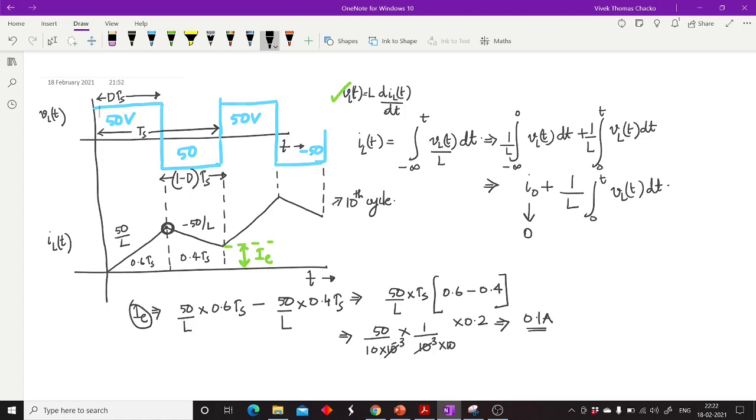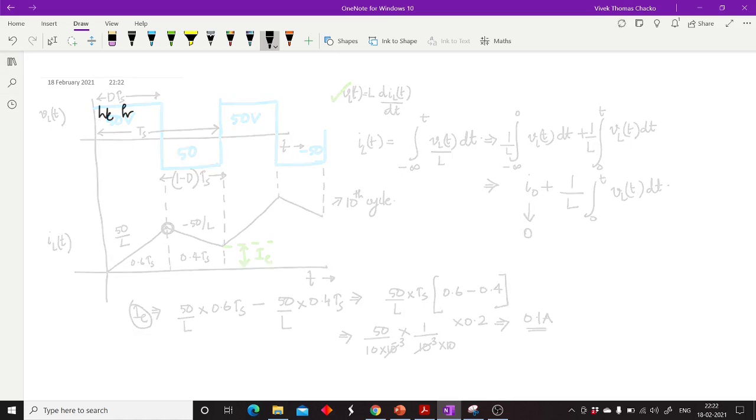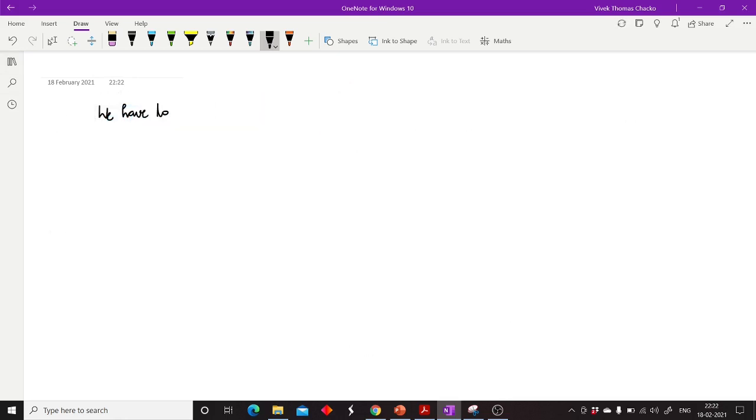Now we have to determine the increase in inductor current, the increase in IL at the end of 10 Ts.